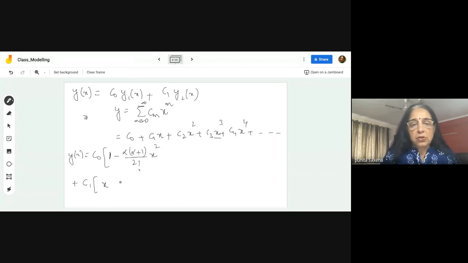So C3x cube will mean now C3 is in terms of C1. So it will go to the next bracket along with C1. So I'll have x minus, how much was C3? Minus alpha minus 1, alpha minus 2, alpha plus 2 upon 3 factorial x cube.